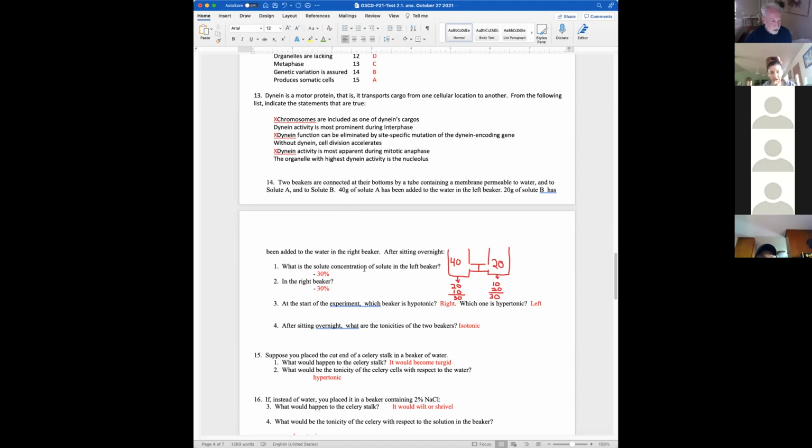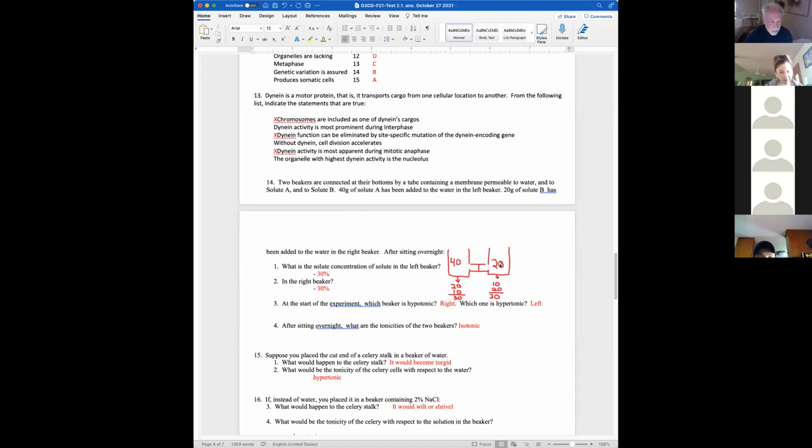And then the first question is, what is the solute concentration in the left beaker? Well, you start out with 40 grams and you leave it overnight, and this membrane is not a barrier to the solute. So overnight it's going to equilibrate and go to 20.